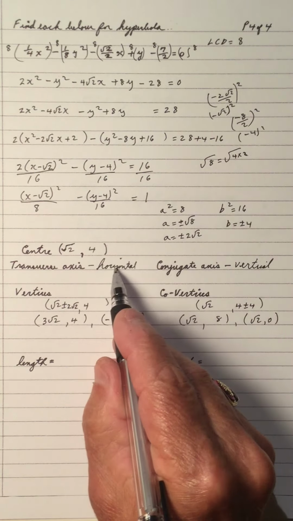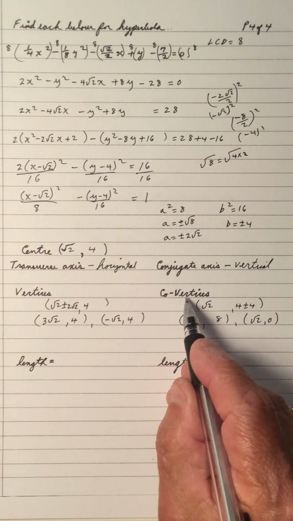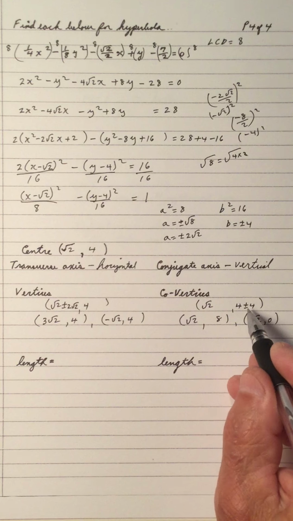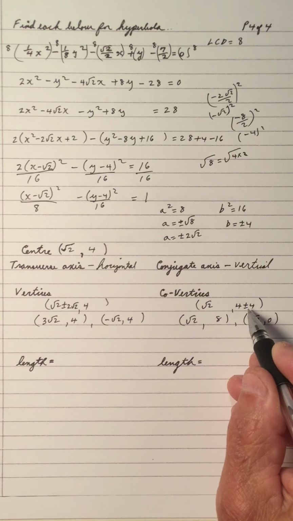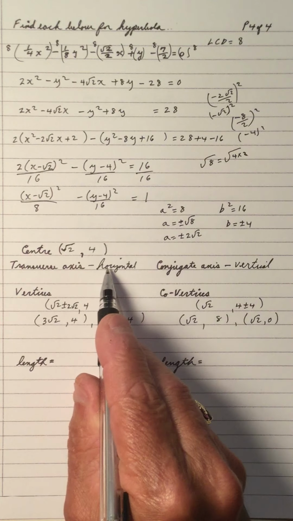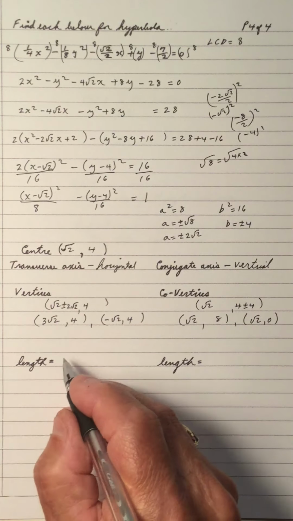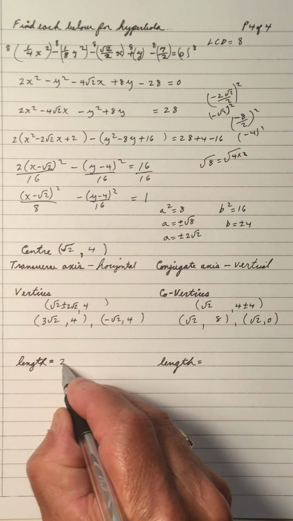Again, the co-vertex is vertical, so the values of b are added to the y value. And the vertices lie on the transverse axis horizontal, so the values of a are added to the x value.